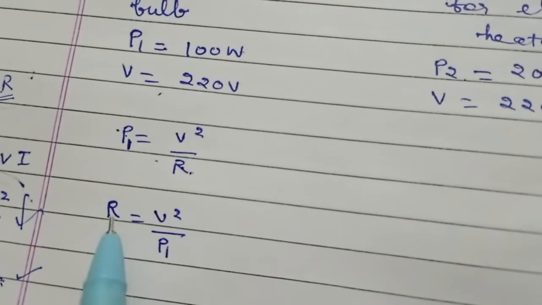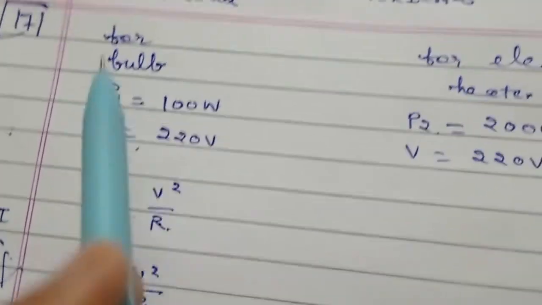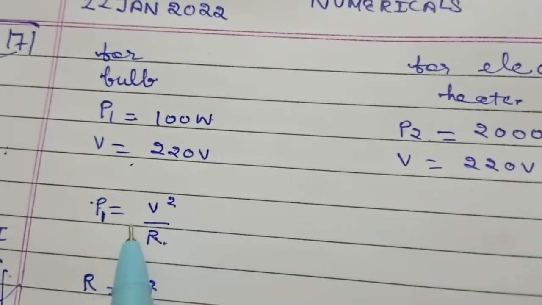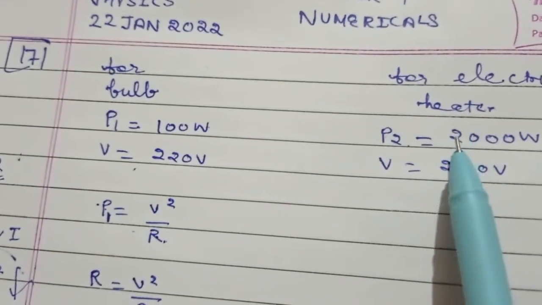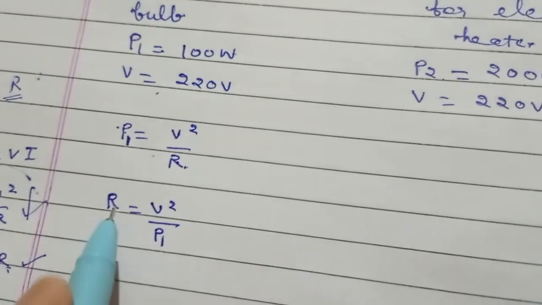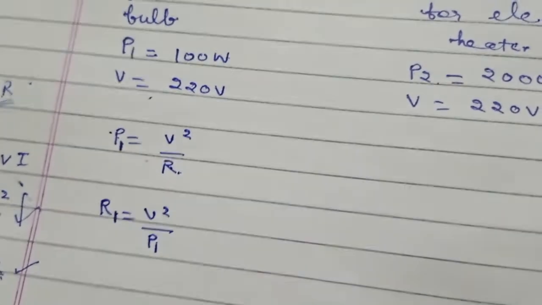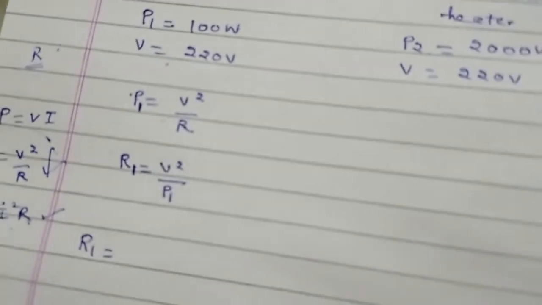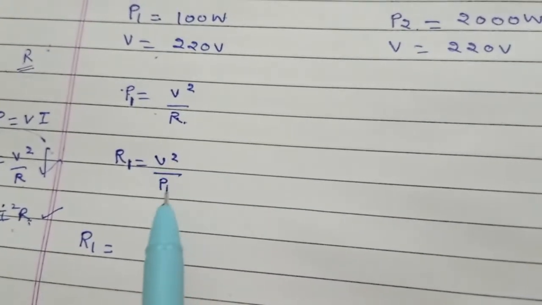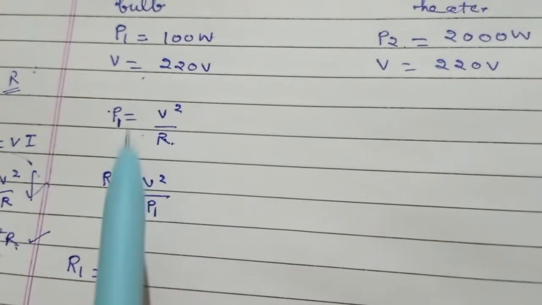Now R1. R1 is the resistance of electric bulb. And also we have to calculate the resistance for electric heater. So I am writing resistance of electric bulb as R1. Now what will be the R1? We will put the value of V and P1. What is the value of V? 220.